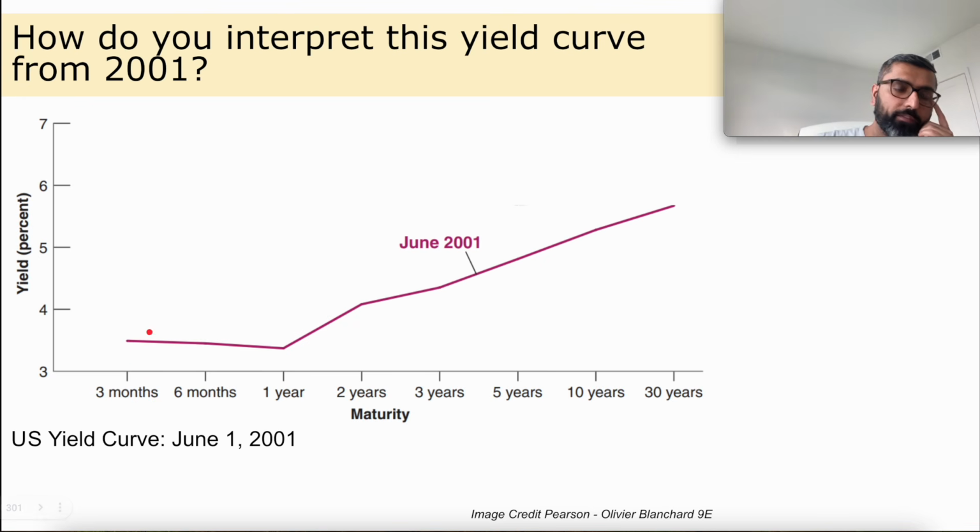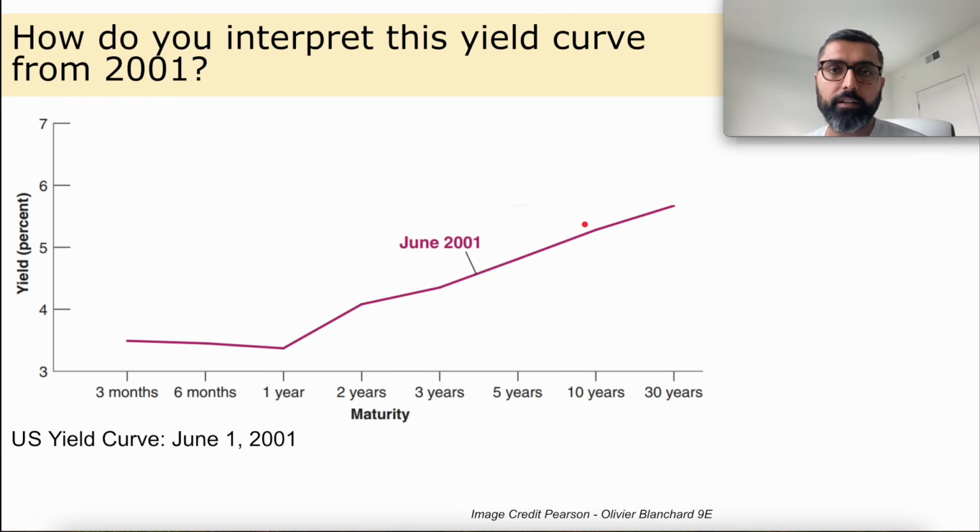If you plot the different yields that a given bond gives for a given maturity, like a 3-month maturity bond giving you 3.5%, a 1-year maturity bond giving slightly less than 3.5%, and so on and so forth to 2 years, 3 years, 30 years, you see this curve, and when we plot this curve, we call this a yield curve.